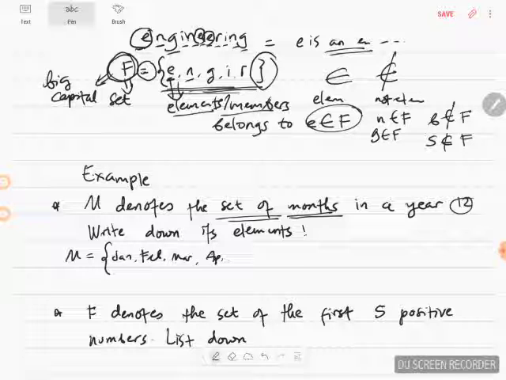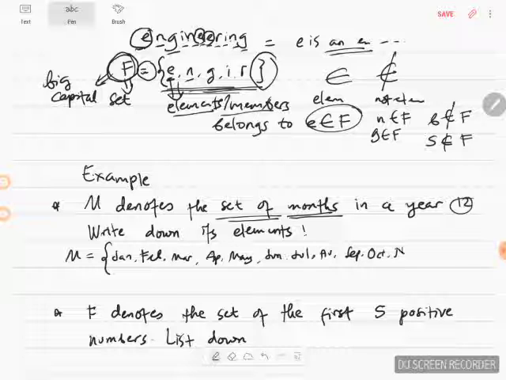Now, if you want to write it in the form of element, like what we did before, you just write Jan is an element of M. Feb belongs to M. March is a member of M. How about Maximus?